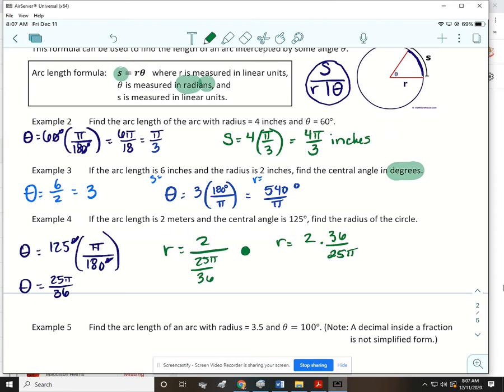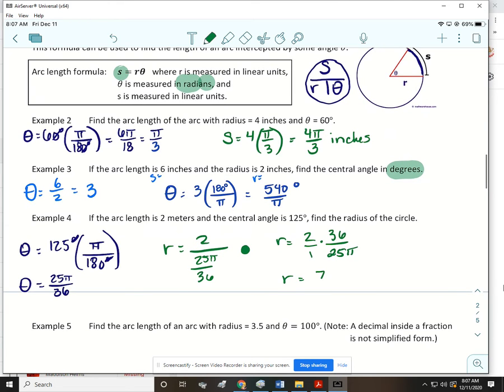Now, if it helps you to write 2 over 1, you can. It's up to you, but we're going to multiply across the numerator and across the denominator, and that is our answer. And the units match the units of the arc length, which is meters.